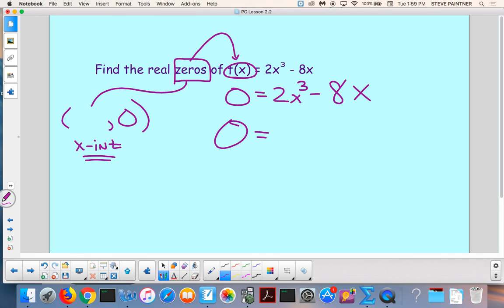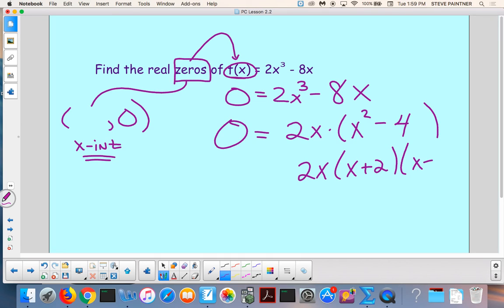But how'd you get it? You factored. I think you guys should factor these polynomials. Take out the common factor. You should get here, here. There they are. How's them?